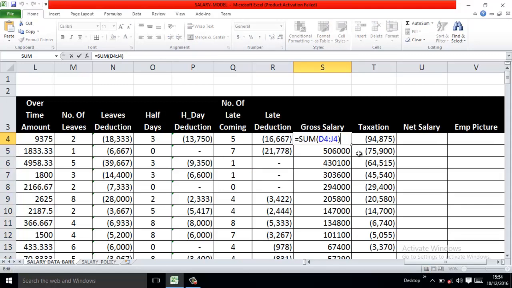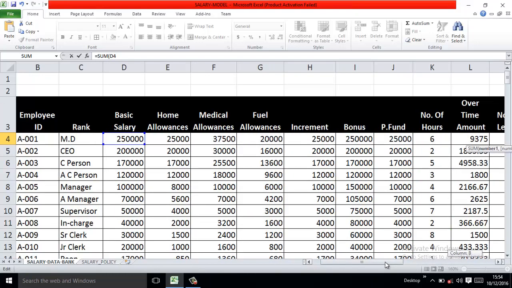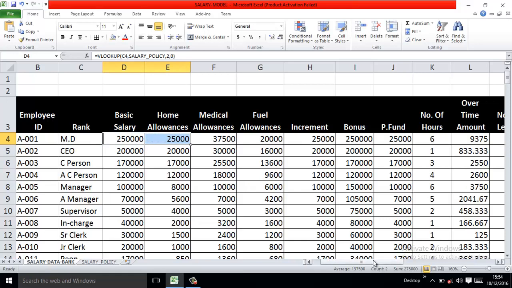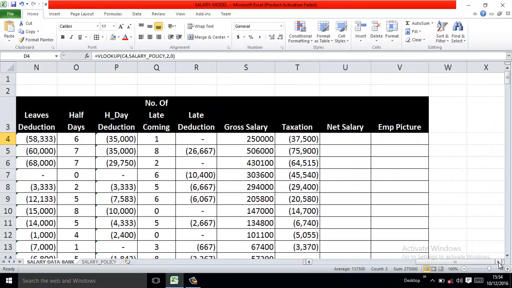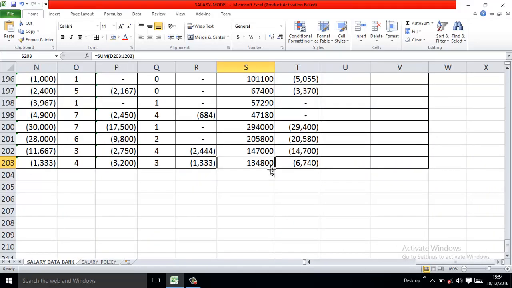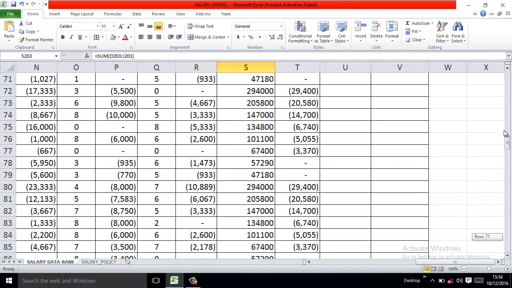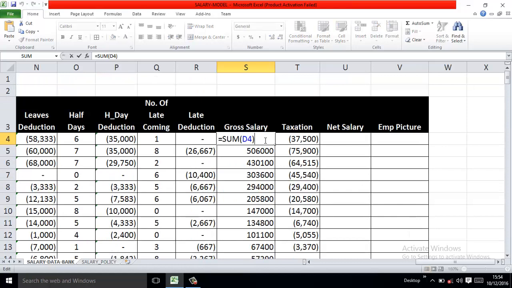Here gross salary is different because now I have to change the range, and the range is from basic salary. I'm sorry, I did some mistake, I guess. Yeah, over here, gross salary, I'm sorry.